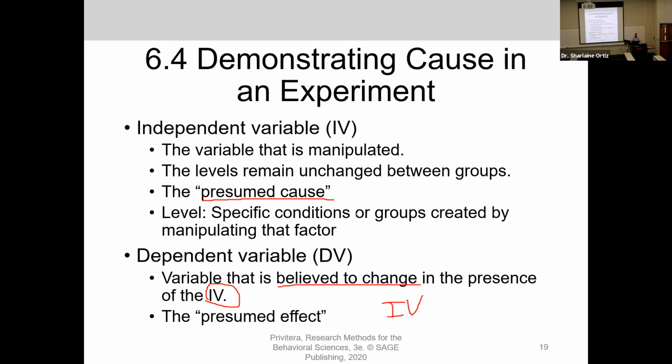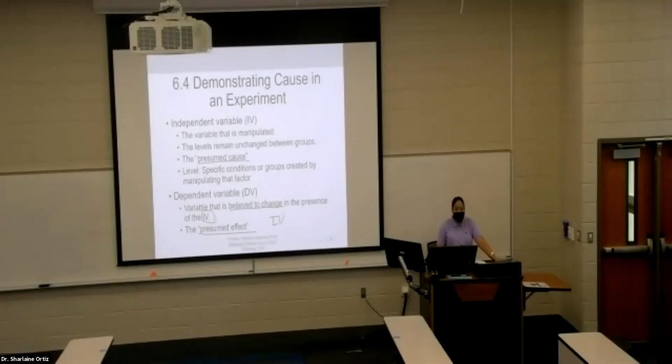We use these terms interchangeably, and you can. These are the correct terms to use when you are referring to an experiment. This is what we presume to be the effect. Any questions about the characteristics of an independent variable and a dependent variable? Good deal.